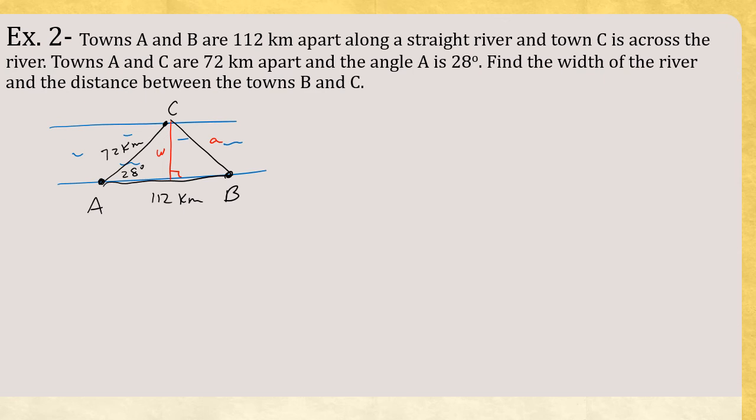Let's say we want to find the width first. Let's pull that triangle out. Again, I'm going to redraw it without all the visual clutter. There's W for width. I know that's 28 degrees, and I know that's 72 kilometers. This is a 90-degree triangle, which means you could use SOHCAHTOA.